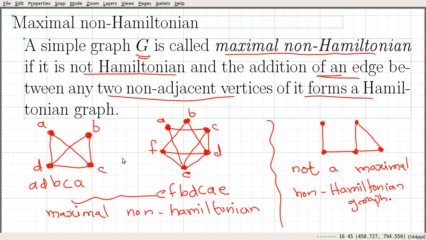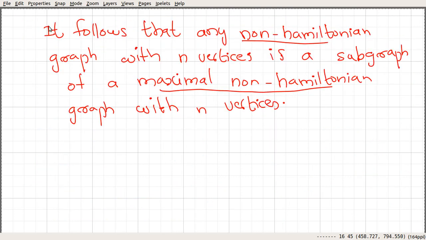If you look into this maximal non-Hamiltonian graph, and consider any subgraph having, in this case, 6 vertices, then that graph will also be non-Hamiltonian. So that's another important observation related to maximal non-Hamiltonian graphs. Any non-Hamiltonian graph with n vertices is a subgraph of a maximal non-Hamiltonian graph with n vertices.